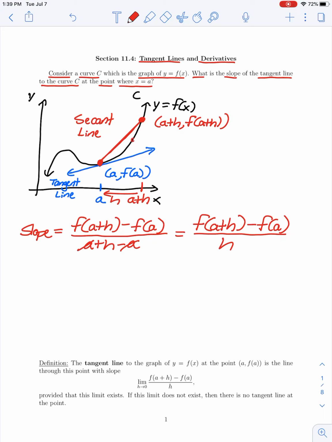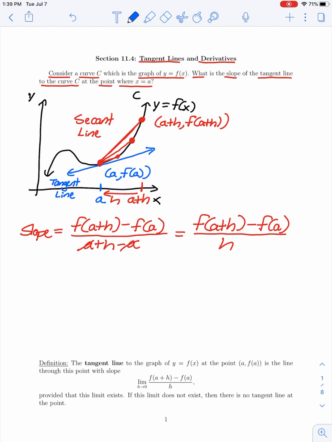So as I move these 2 points closer to each other by taking the value of h smaller and smaller, I see that the slope of this secant line, shown in red, starts to become a good approximation for the slope of our blue tangent line.